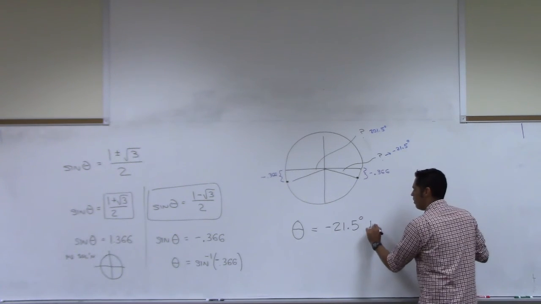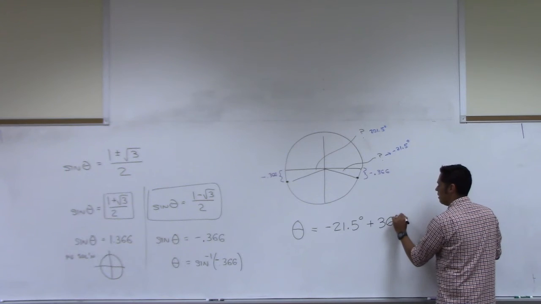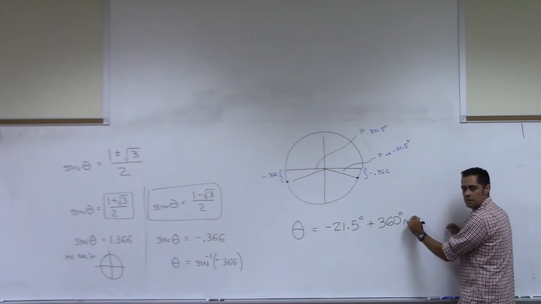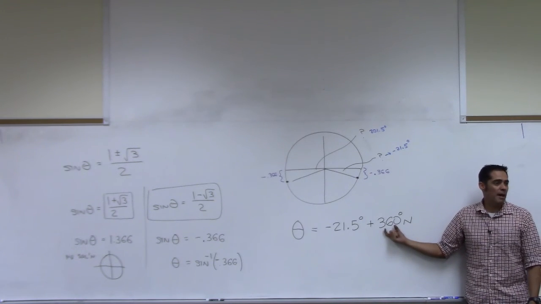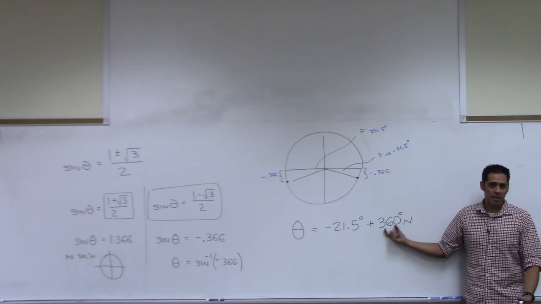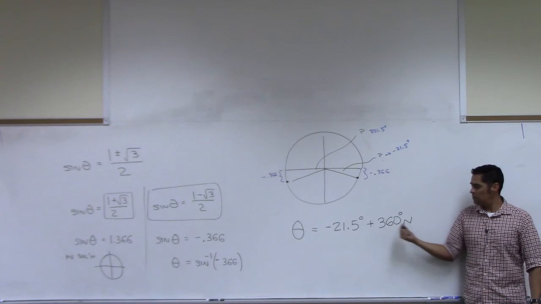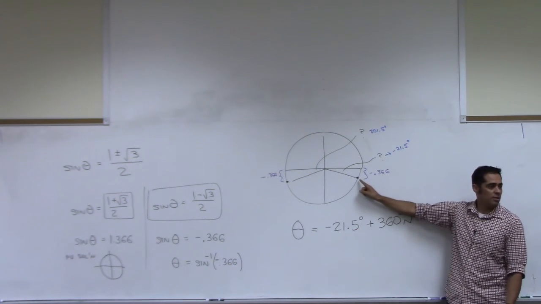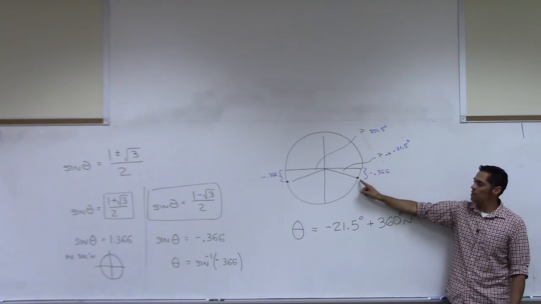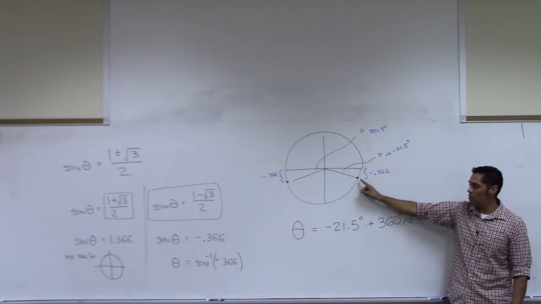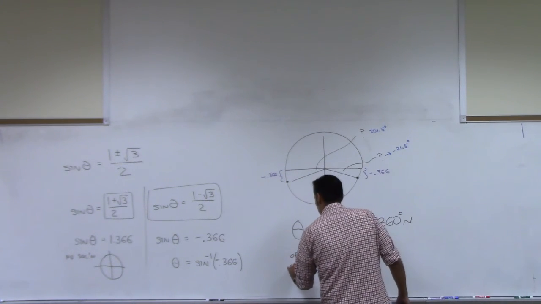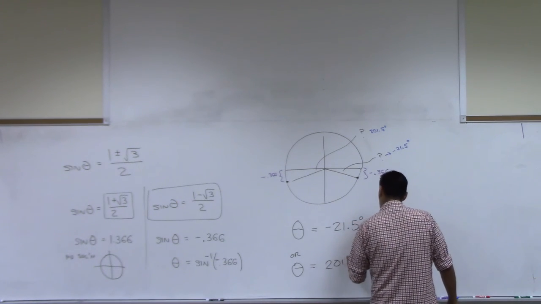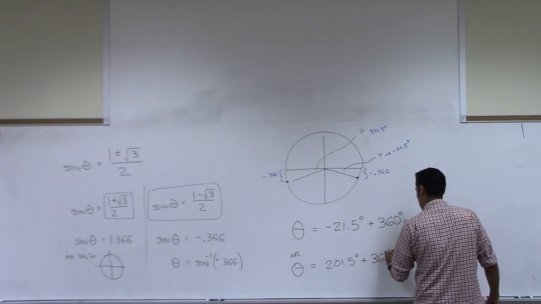So you would have to say plus 360 degrees n. We've been using 2 pi n because we've been in radians. But if you're in degrees, it's full revolution times n. Do you see how this right here takes care of that answer and all of the answers? Am I done? No. Now I say, or theta is 201.5 degrees plus 360 degrees n.